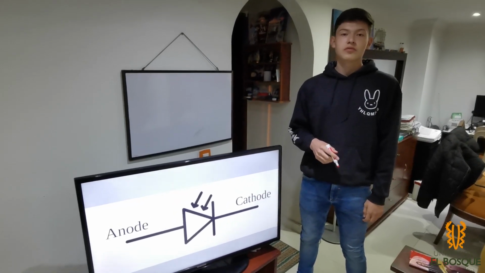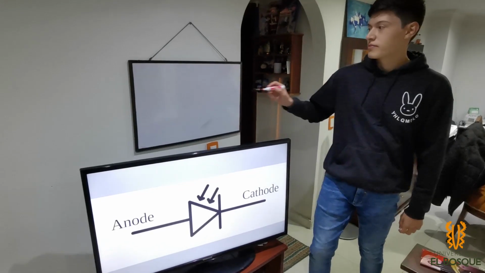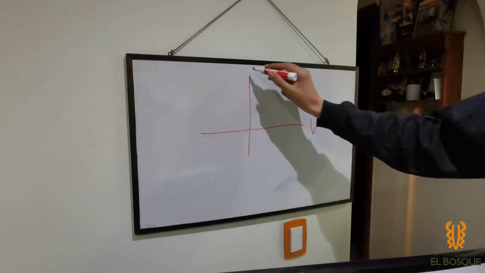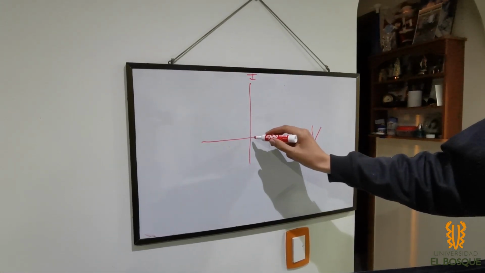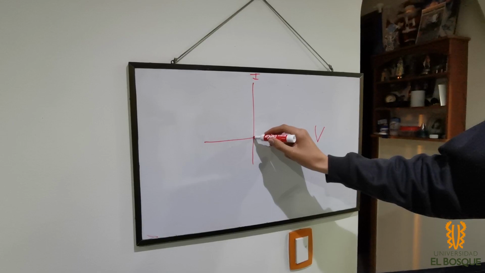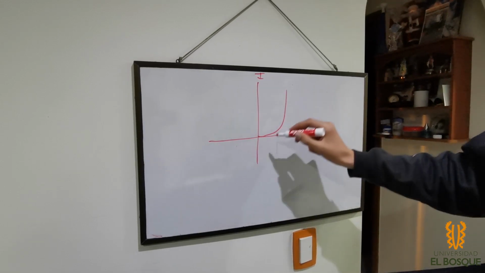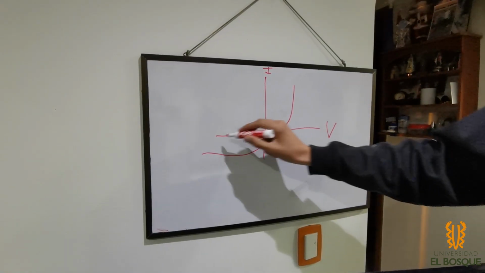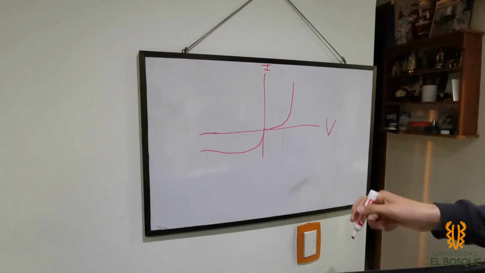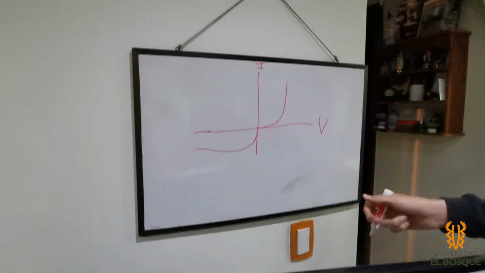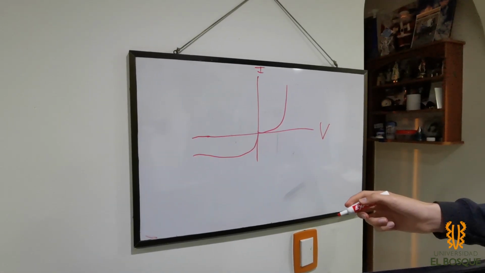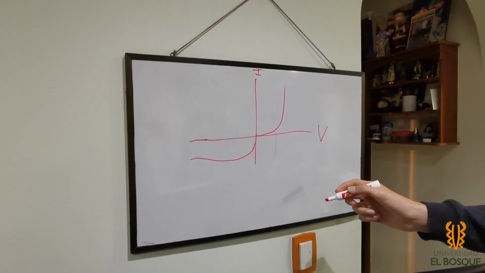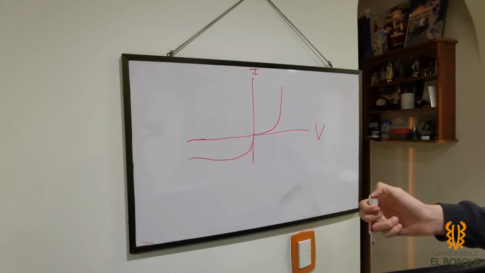The voltage versus the current in a photodiode looks like this. This is the voltage and this is the current. In forward bias, we have a normal diode. In reverse bias, we have this magnitude of current. The current is not going to depend on the voltage beyond a certain point, because as we saw, it depends on the light.